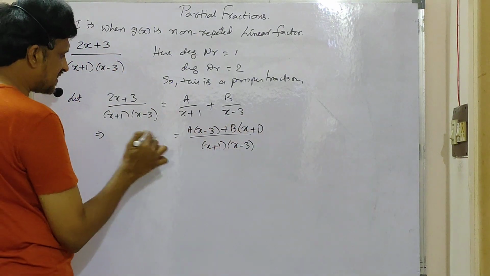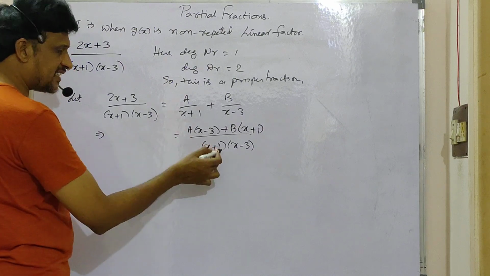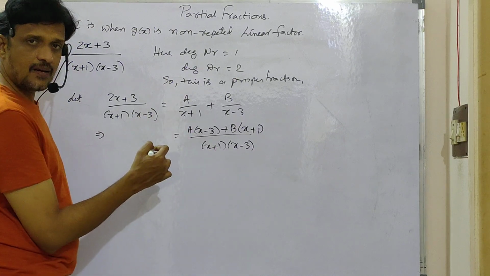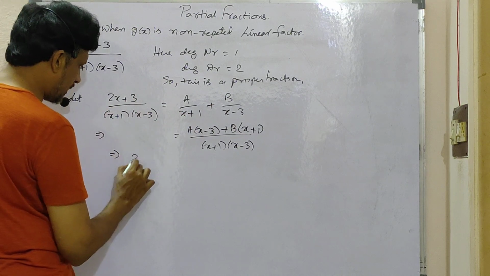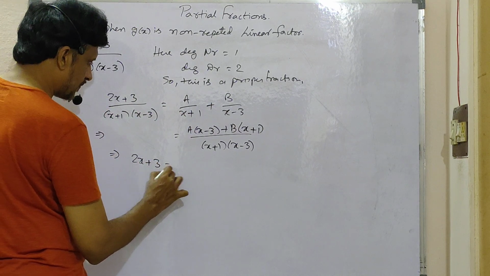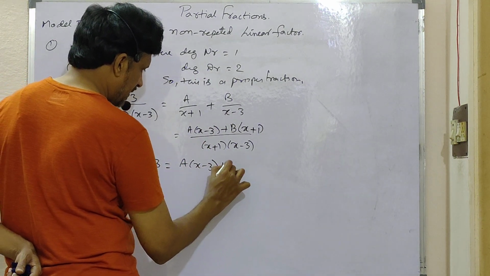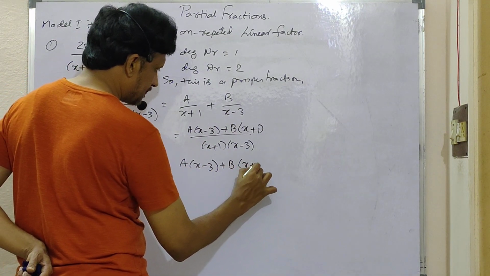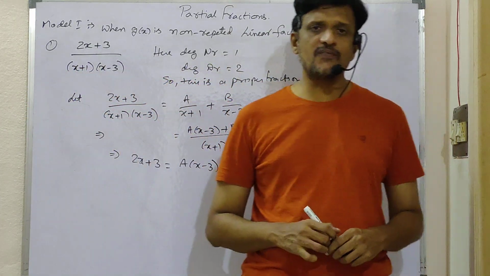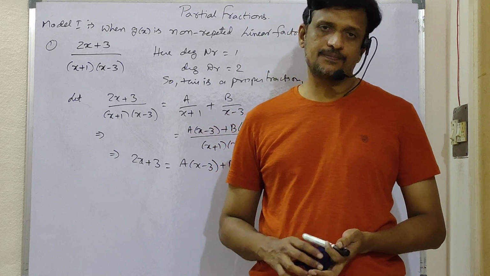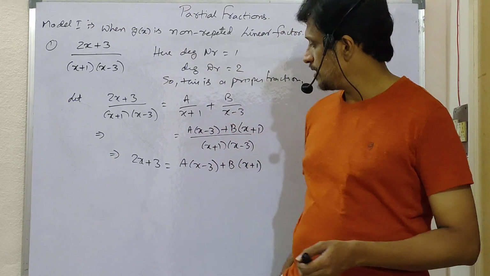Now these two fractions are equal and their denominators are equal, so you can eliminate the denominators and equate the numerators. So 2x plus 3 is equal to a into (x minus 3) plus b into (x plus 1). From this relation we need to calculate the values of a and b.